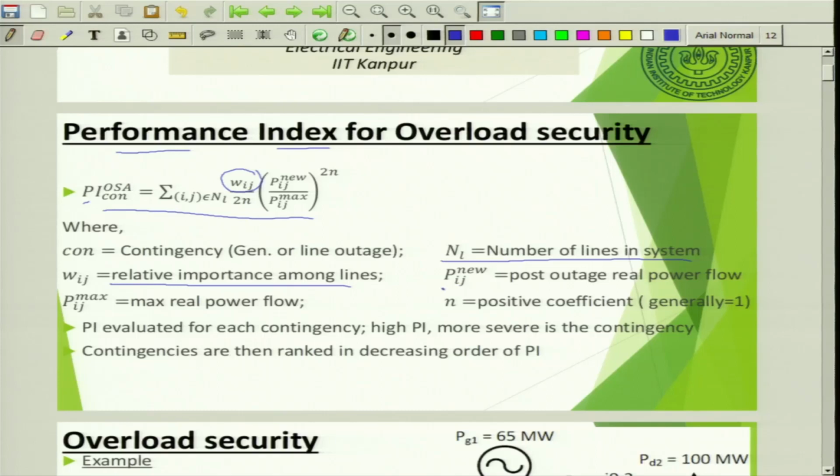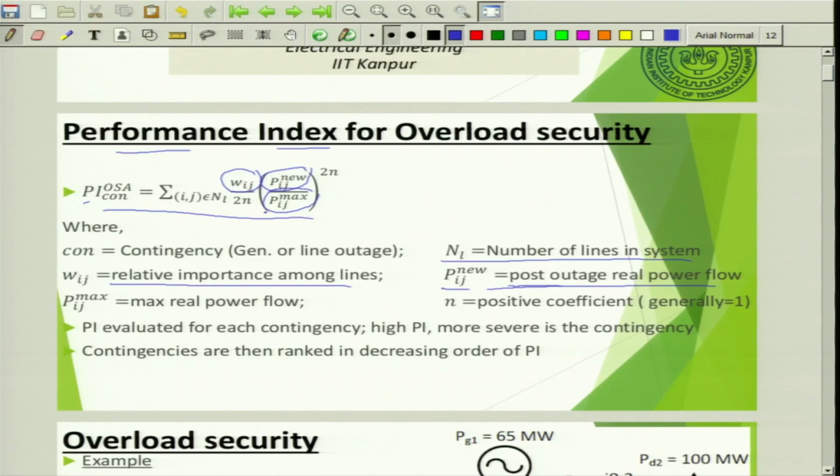Then Pij nu is the post-outage real power flow. You can see here there is a numerator term and a denominator term. This is post any contingency or case study that you have identified, for which you need to carry out this performance index.